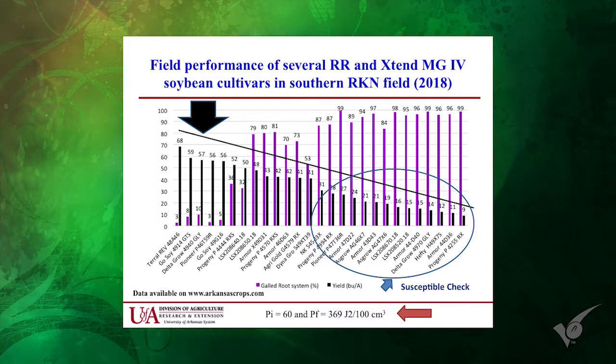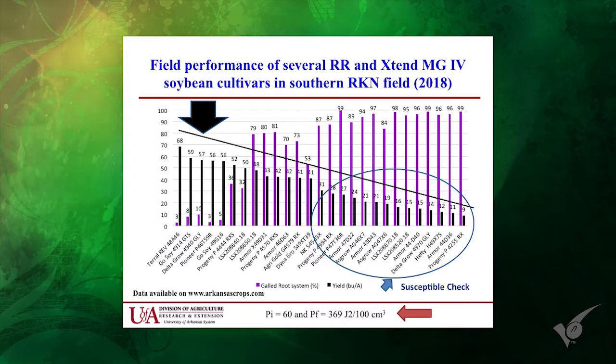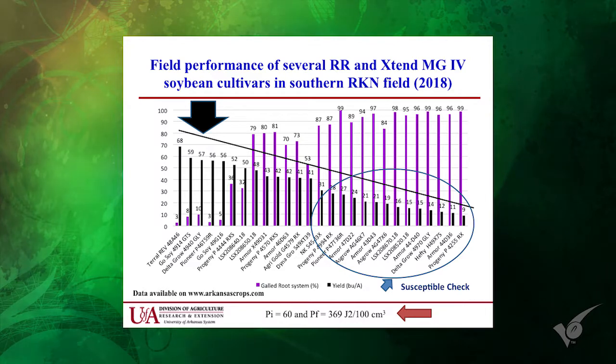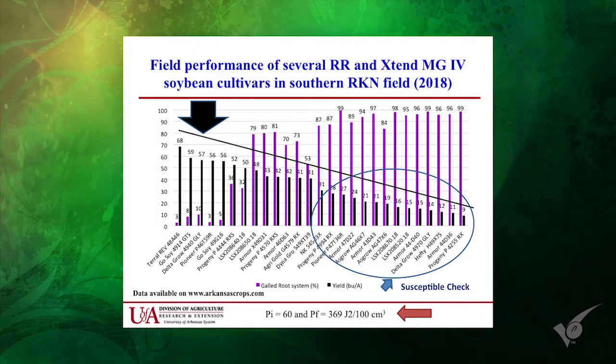So you can see there's a nice correlation, low galls with those first 4 or 5 varieties there, decent yields. But you go down to something like our control there, Delta Grow 4970, galling of 99%, cutting 14 bushel. And that we do see in some fields and field wide in Arkansas.